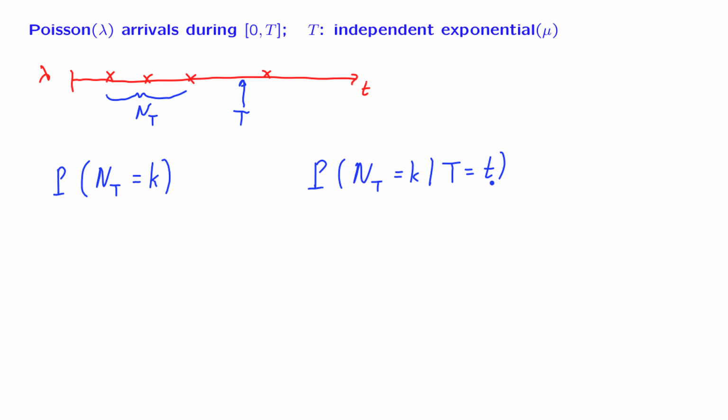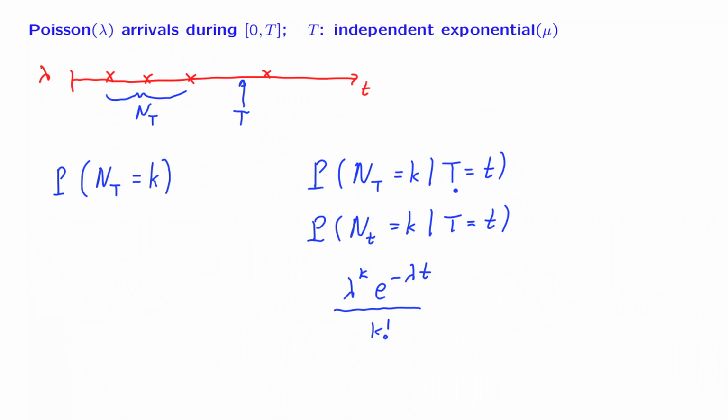Well, if I tell you that capital T is equal to little t, this probability is going to be the same as the probability that N_t is equal to k, where N_t is the number of arrivals until time little t. But the number of arrivals until a certain time is a Poisson random variable, so we do know what this probability is. It is (lambda t) to the k, times e to the minus lambda t, divided by k factorial.